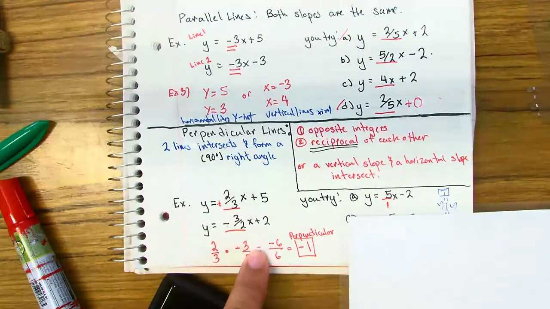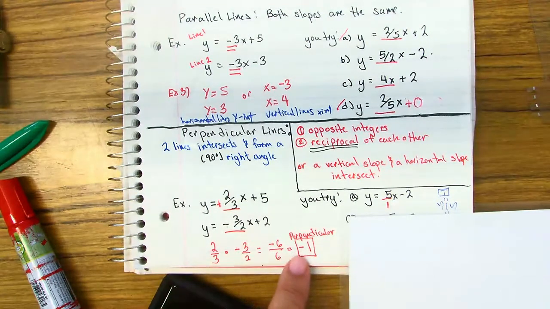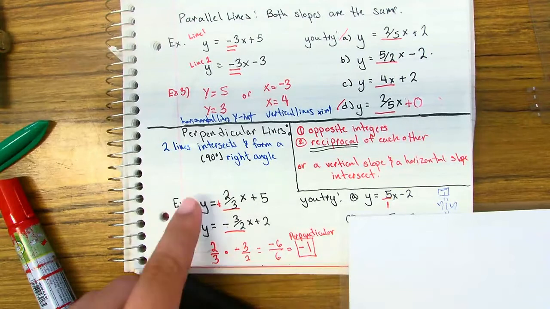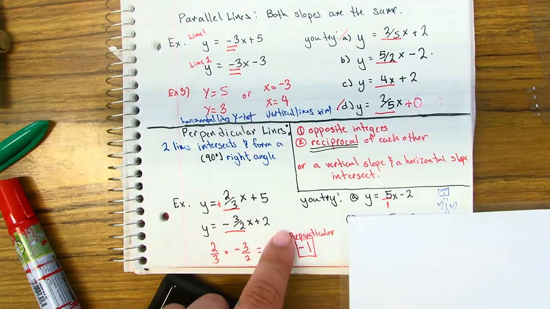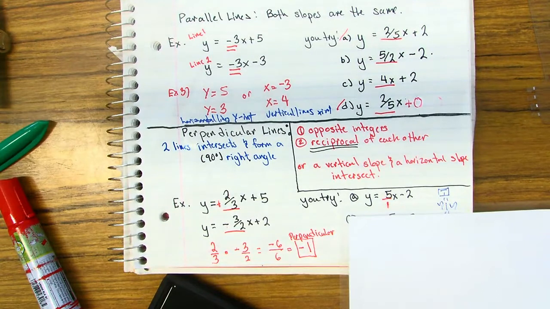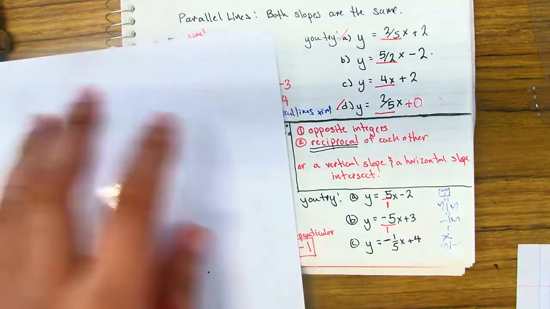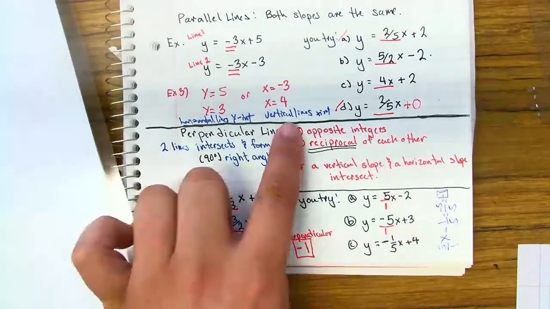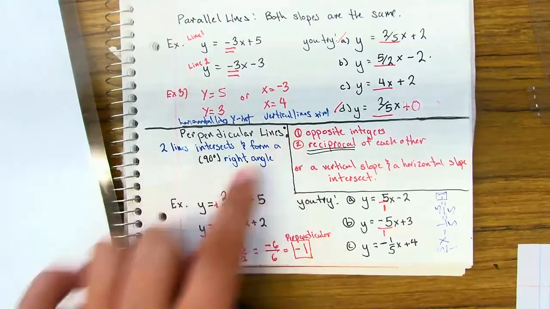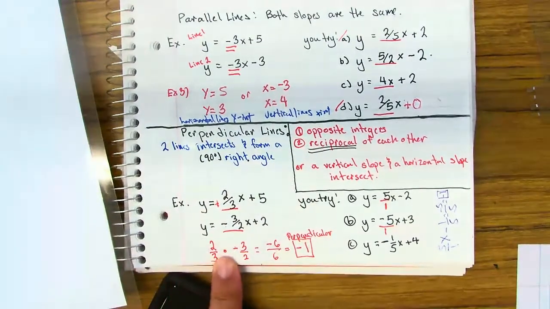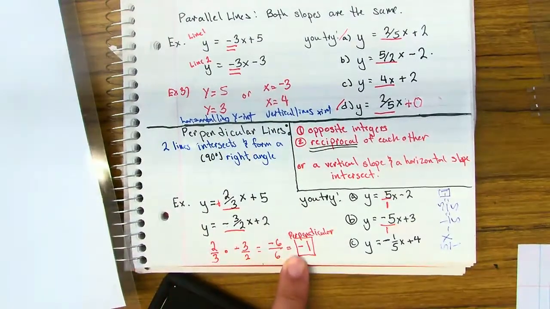And then -6 divided by 6 is -1. If I get a product of -1, then I know that the two slopes are perpendicular. Okay. I'm going to show that later after our example here. So using these three ways, if they are opposite integers and reciprocals, and if you multiply the slopes, then they are perpendicular if the product equals -1.